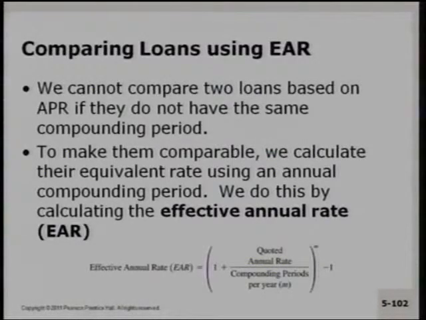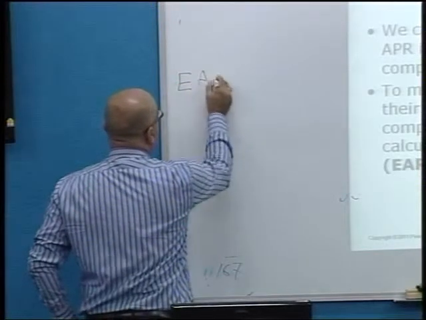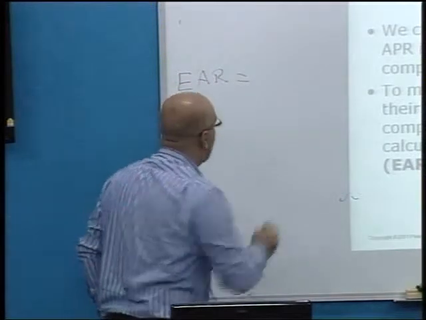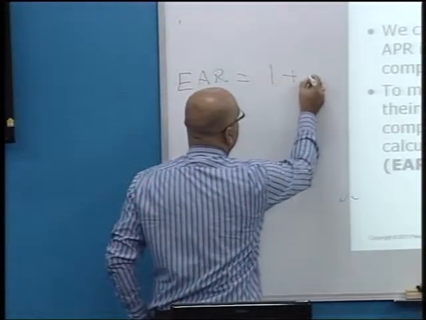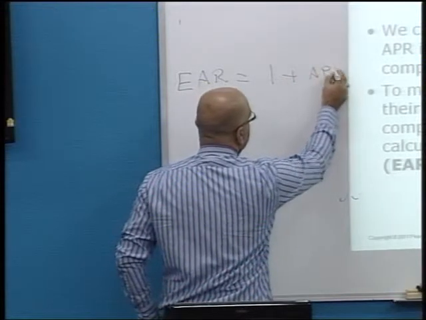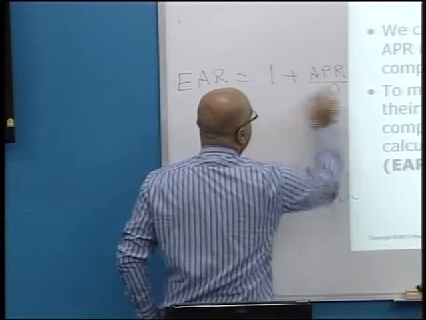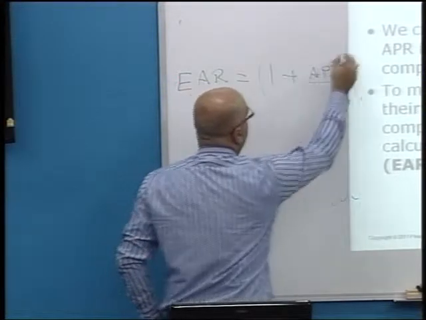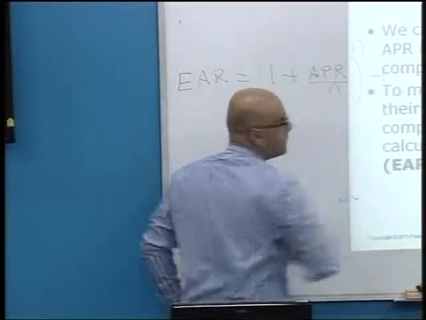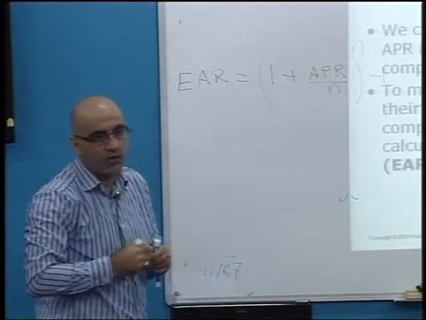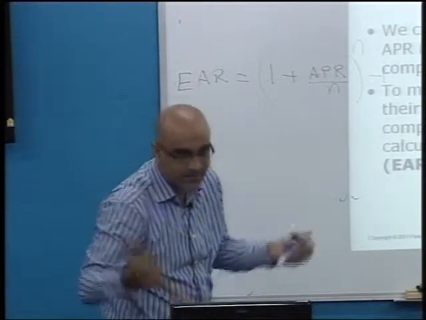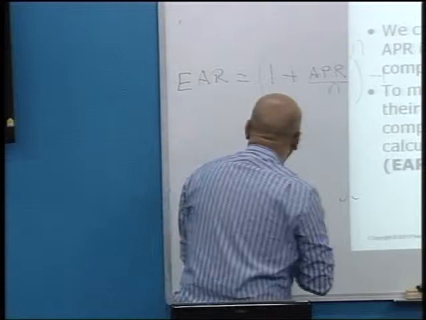So how can we do this? The effective annual rate is equal to 1 plus the annual percent rate divided by n, to the power n, minus 1. N or m, it doesn't matter. It's the number of times.